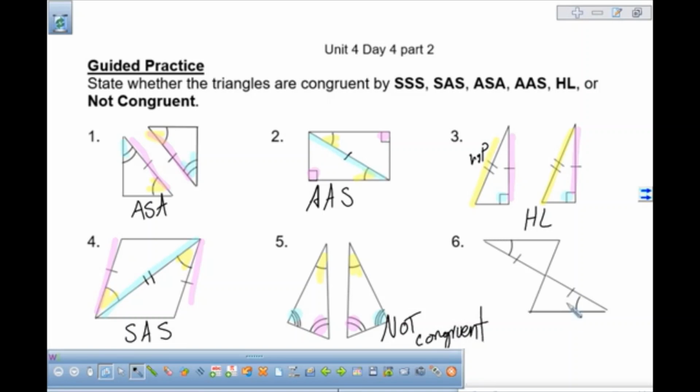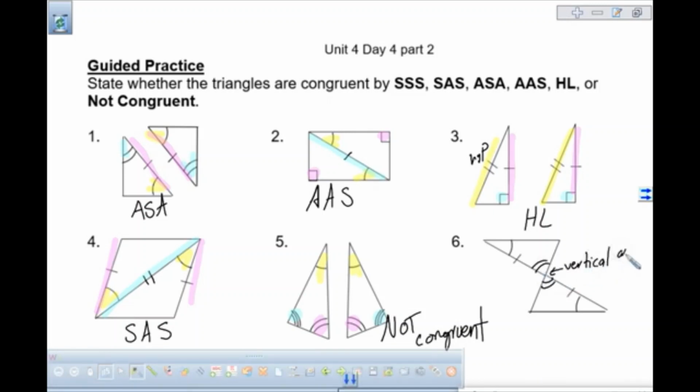Number 6, we need to mark our vertical angles. So we now have two sets of angles that are congruent and one set of sides. So we're going to mark through everything that has more or less than two angles.